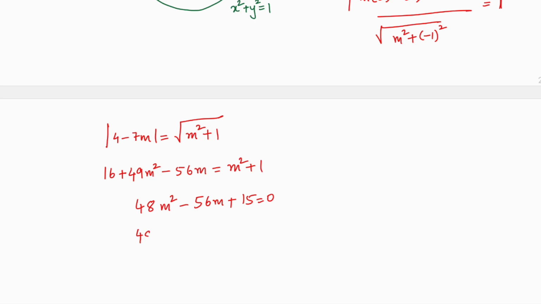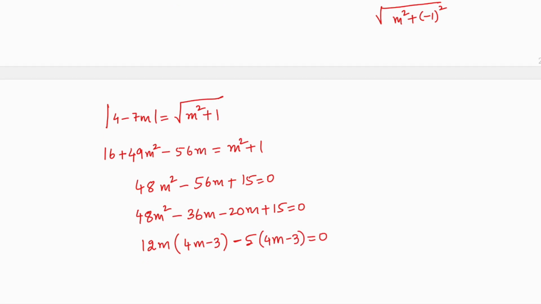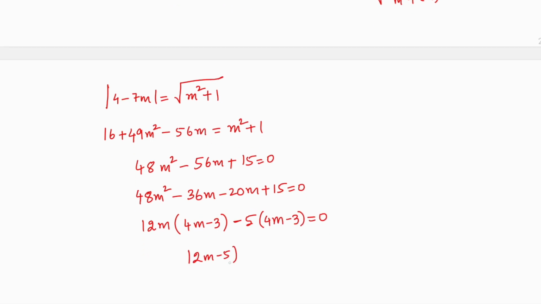Let's factorize this. 48m square minus 36m minus 20m plus 15 is equal to 0. If I take 12m common, this would be 4m minus 3. And if I take 5 common, it is 4m minus 3. So (12m minus 5)(4m minus 3) is equal to 0. That means the m value is 5 by 12 or 3 by 4.